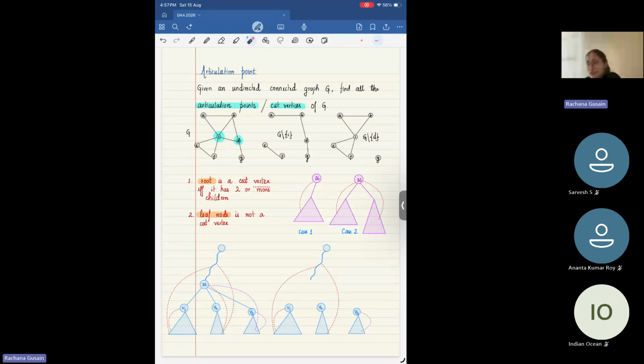Ma'am, should I run DFS on this graph and then show how we compute low of u? Yes, it would help. Okay, so let's take this example, run DFS, and then we'll maintain start numbers and low of every vertex.